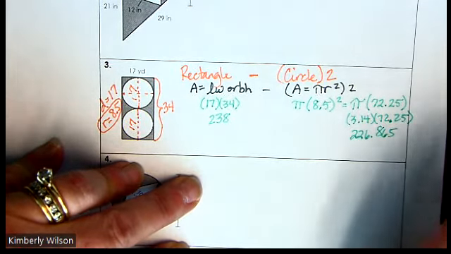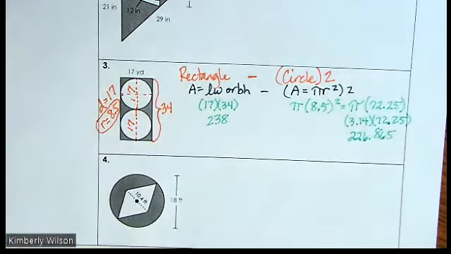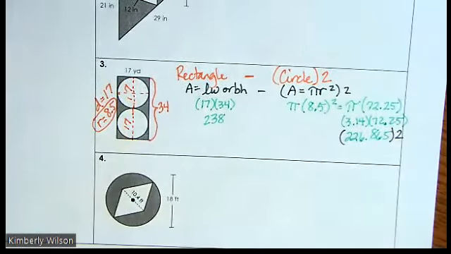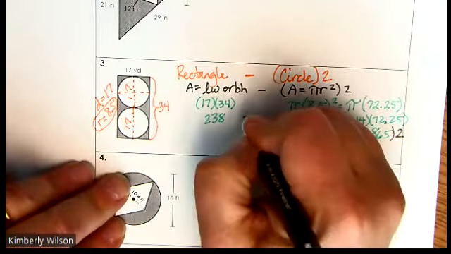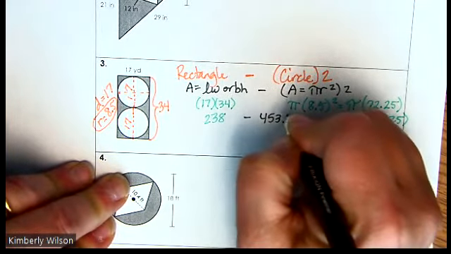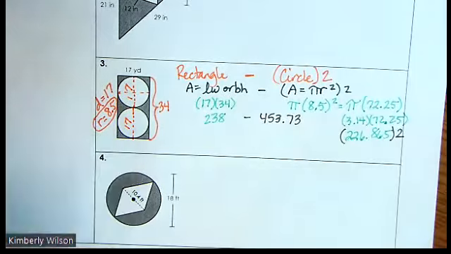That's the area for one circle. Remember, we have 2 circles, so I now have to multiply that times 2, which gives me 453.73.